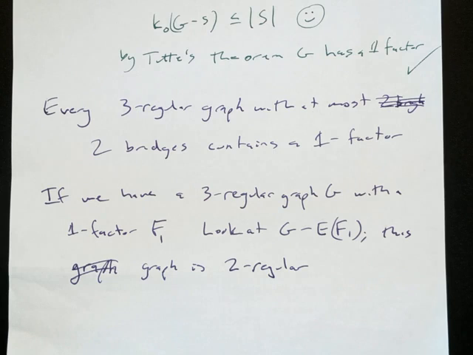Well, now I can ask the question about the new graph. Is the new graph that we just built going to contain a one factor or not? Maybe, maybe not, right? It's too regular. What do we know about two regular graphs?